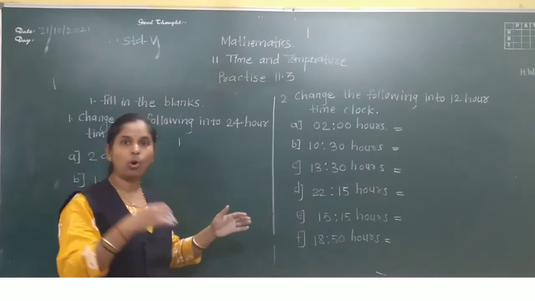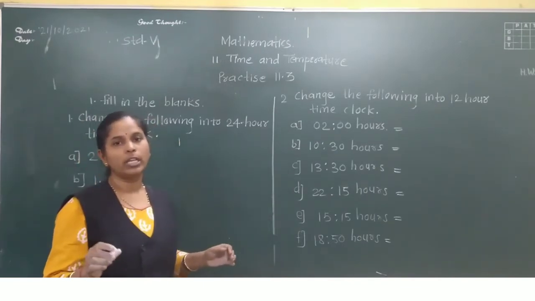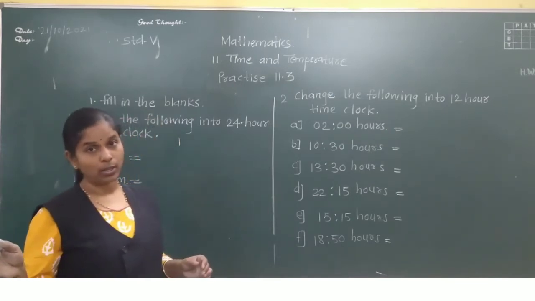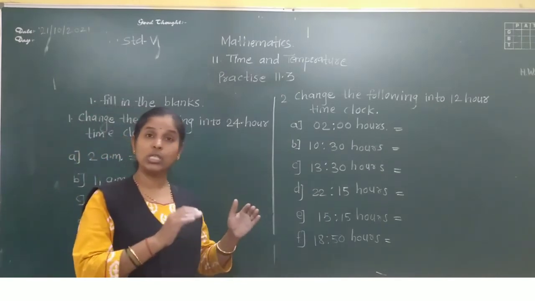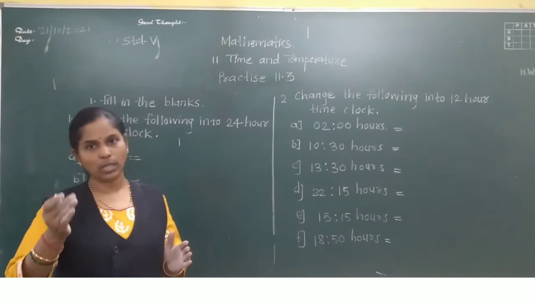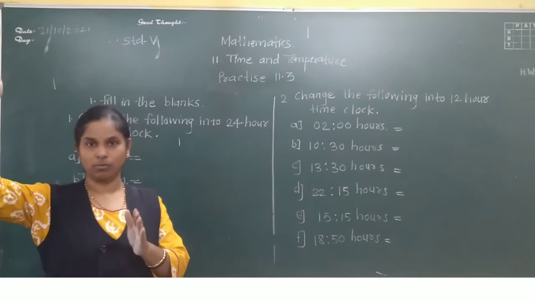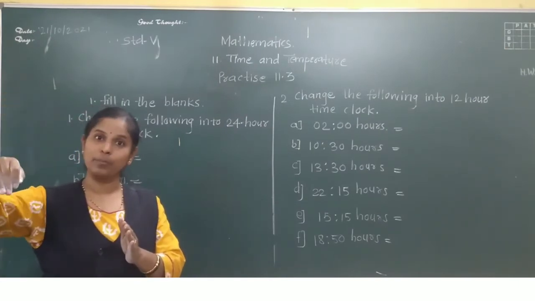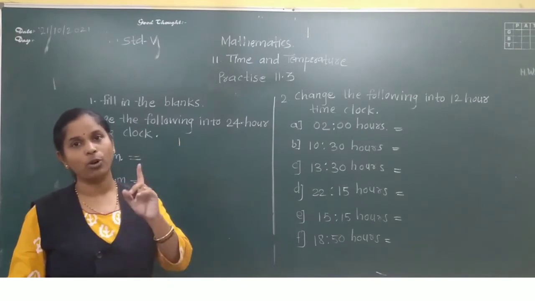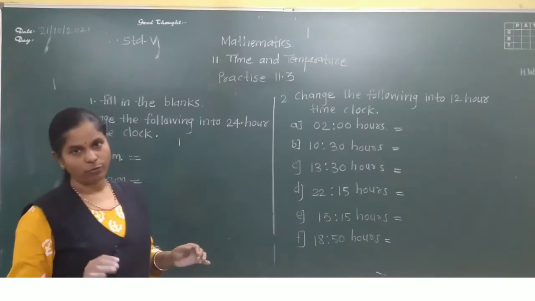If the time shown is 15 hours, it is afternoon. From 13 to 24, whatever numbers are there, they indicate PM, and the numbers 1 to 12 indicate AM in the 24-hour clock. So we don't have to use AM or PM.